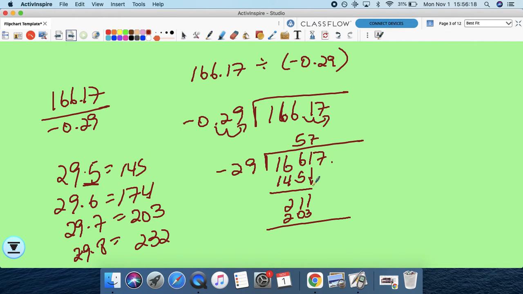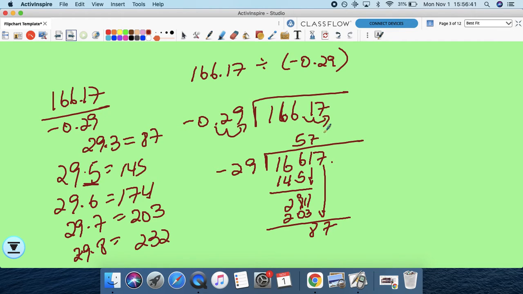We're going to subtract. That borrows becomes a 0. That becomes 11. 11 minus 3 is 8. 7 comes down. 29 goes into 87. 29 times 3 is 87.